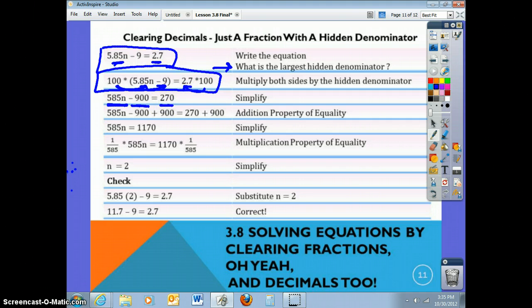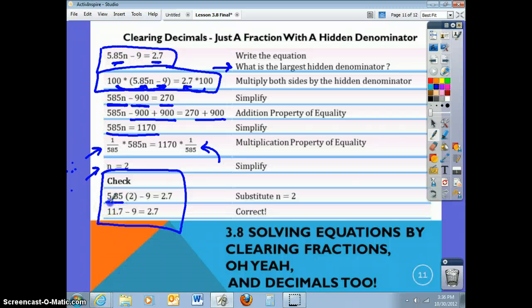And now we're at ax minus b equals c. Okay, and so we can kill Bill and get to here. We added 900 to both sides. We can multiply both sides by the reciprocal of 585, or divide both sides by 585, and we get n is equal to 2. Okay? All right, then you can go back and check it by going into your original equation and putting 2 in.